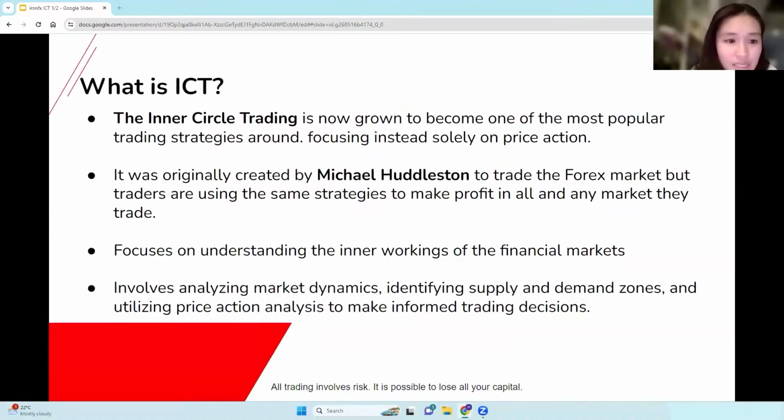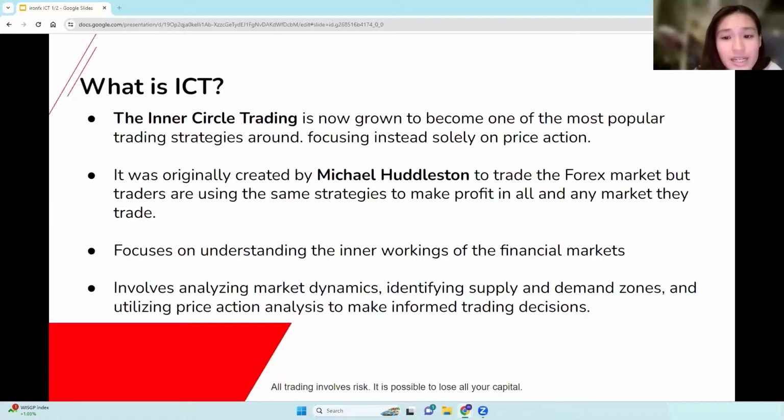So what is ICT? Basically, ICT stands for inner circle trading. Let's start by defining what exactly we mean by inner circle trading. ICT, or inner circle trading, is a trading methodology that focuses on understanding the inner workings of the financial markets.